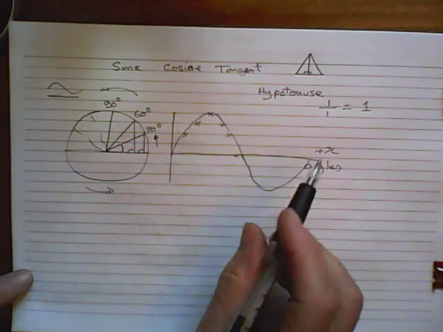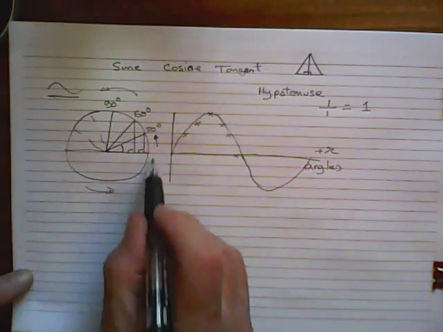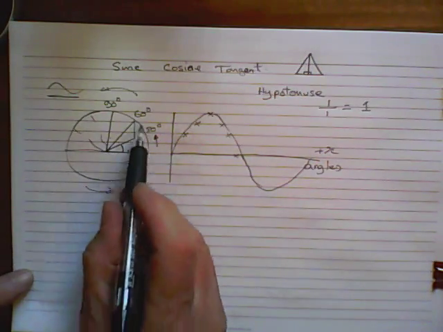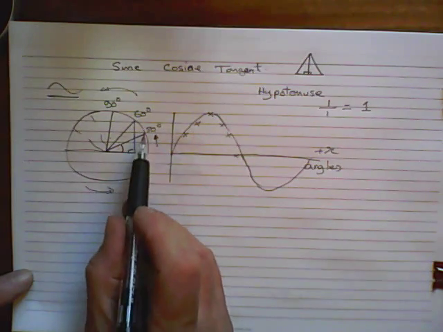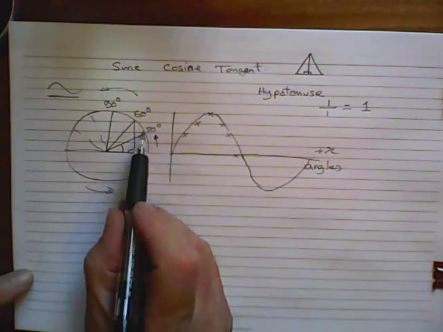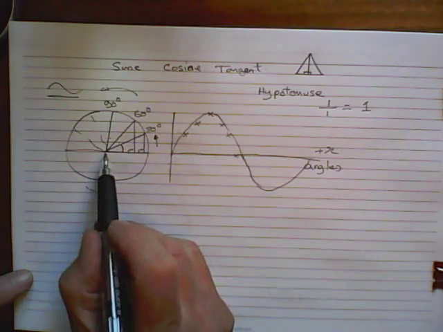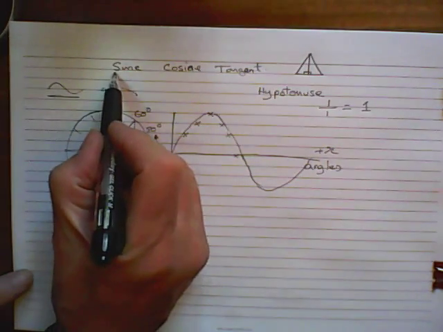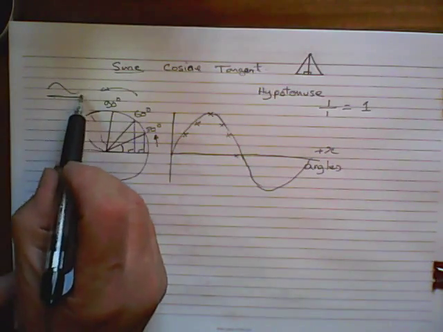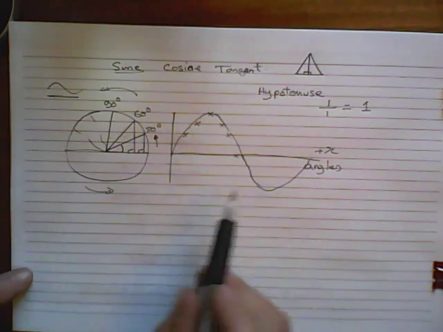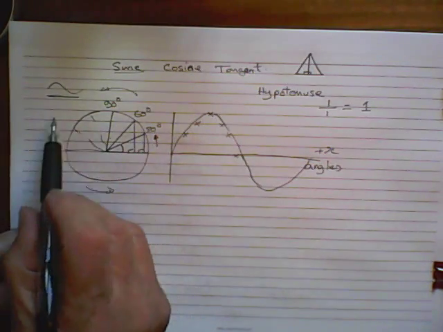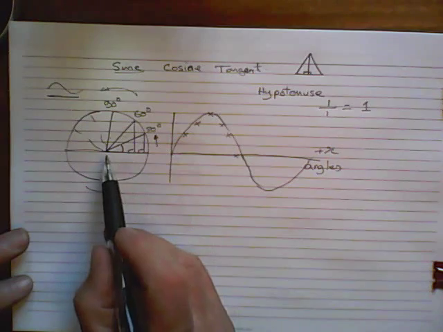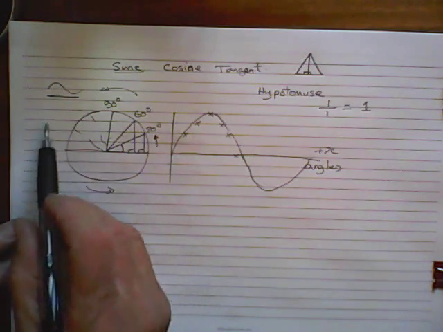So we here have a sine wave, and it is more to do with circles than it has to do with triangles. The relationship between the opposite and the hypotenuse in this particular case is called the sine, and that produces a curve, which is this shape, and that comes from rotating a hypotenuse, which is actually the radius of a circle.